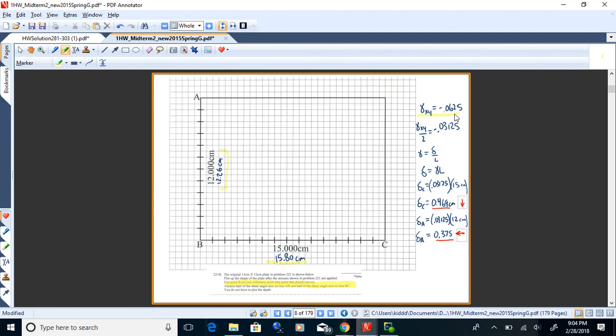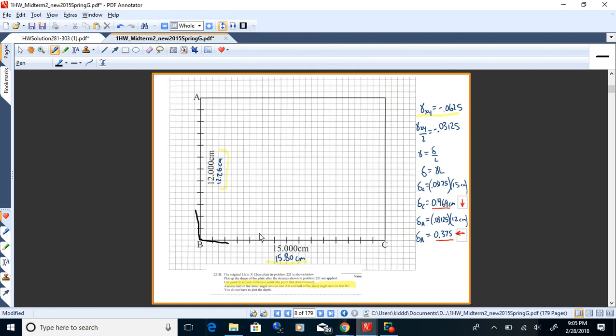And then the gamma xy is negative 0.0625. Now, gamma is the change in this angle B here. And I'm going to have a hard time with my pen drawing that properly. But what's going to happen is it's going to turn from a 90-degree angle into a 93.6 degree angle. And that's going to involve the rotation of two lines, BA and BC.